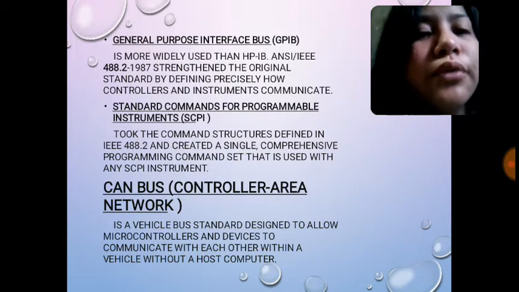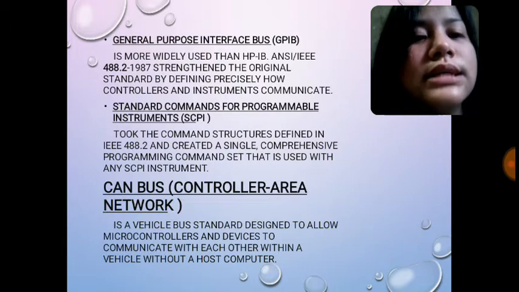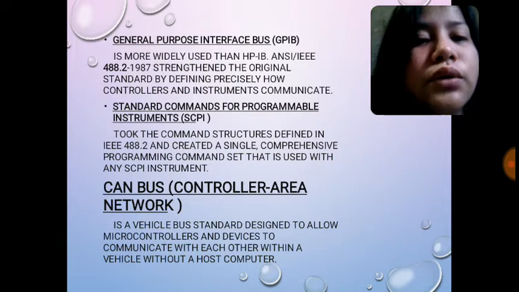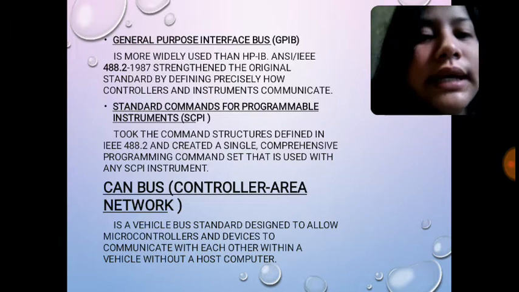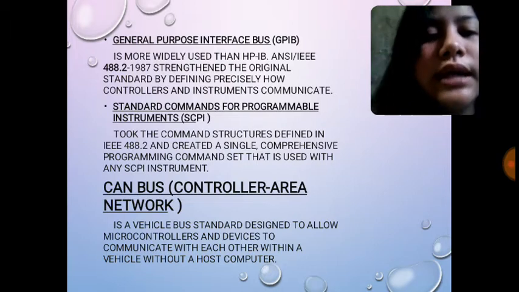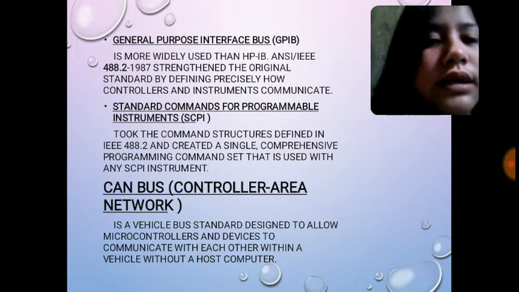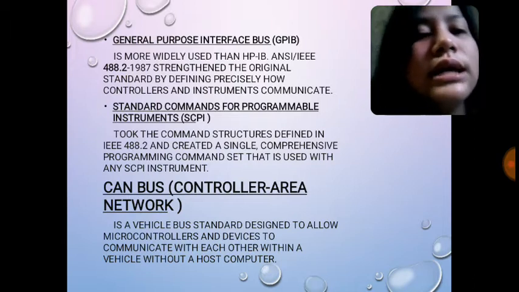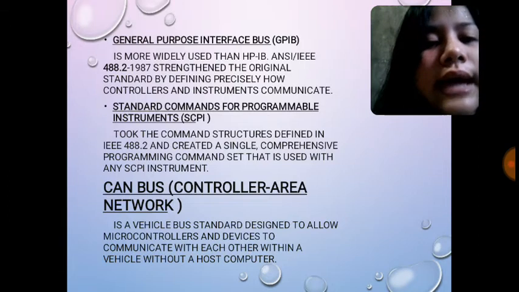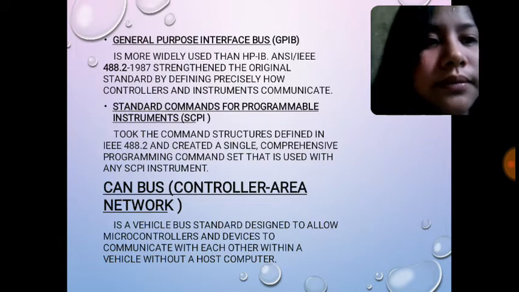Standard Commands for Programmable Instruments or SCPI took the command structure defined in IEEE 488.2 and created a single comprehensive programming command set that is used with any SCPI instrument.